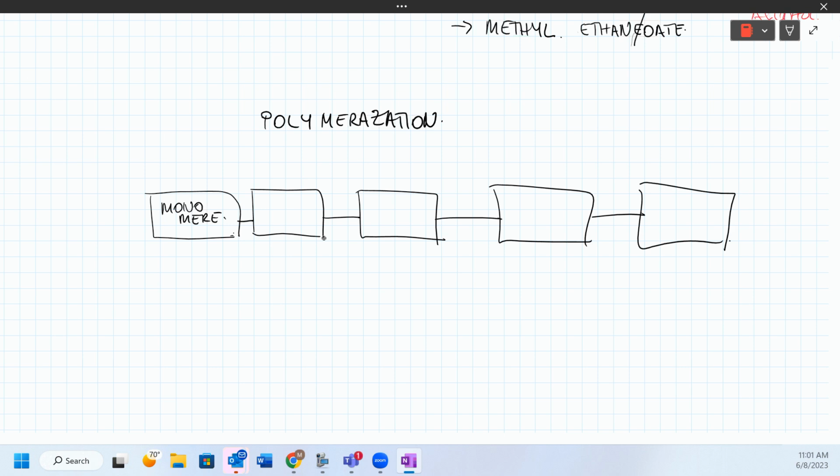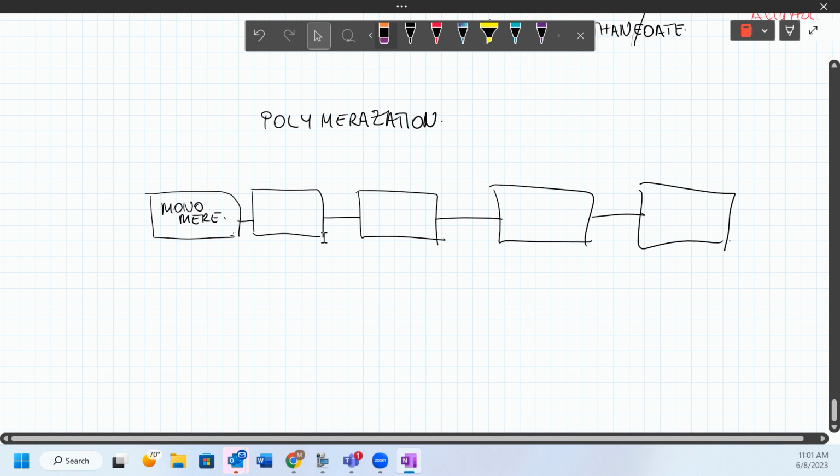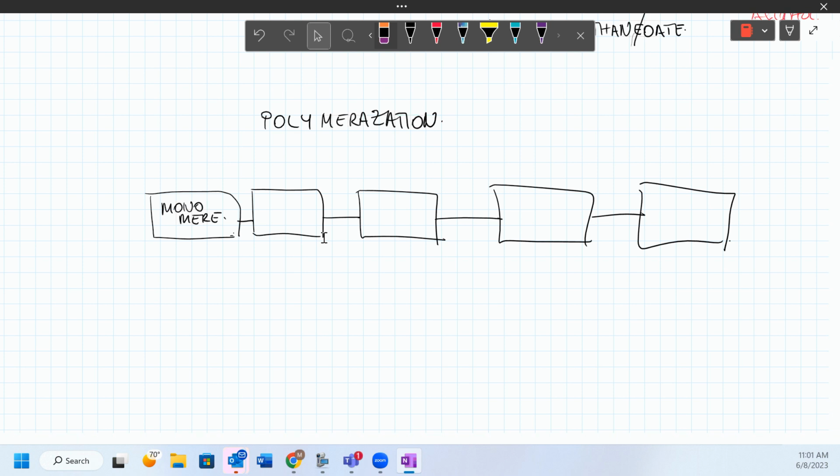And what you see in this case is poly of that mer, poly of that block. Poly means plenty, a lot, or more than one. The way that we name those polymerizations or polymers is just by adding the word poly and then the name of the base. Okay, so if we have, let's suppose, a chloroethane.